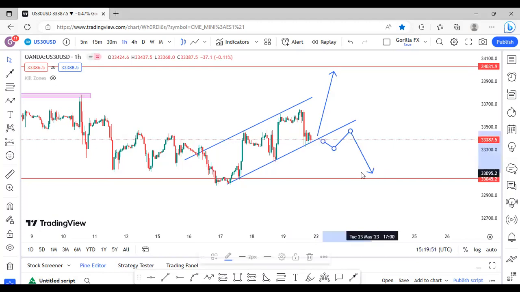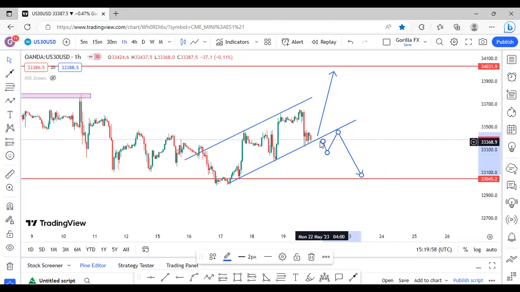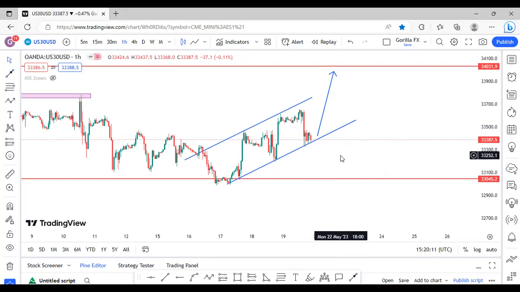So if we just reject our structure, we're just gonna be looking for selling opportunities, a breakout retest, or the market just continuing to the downside.